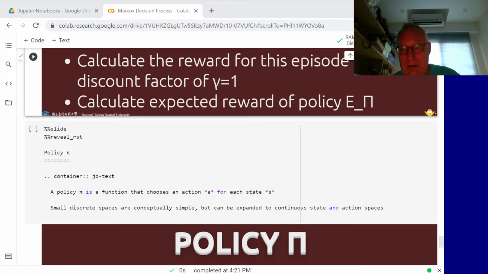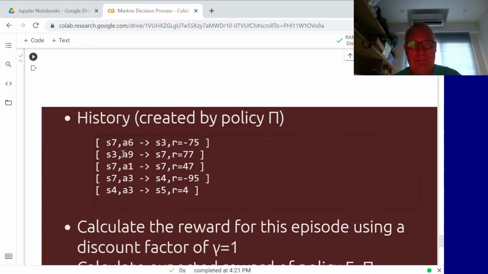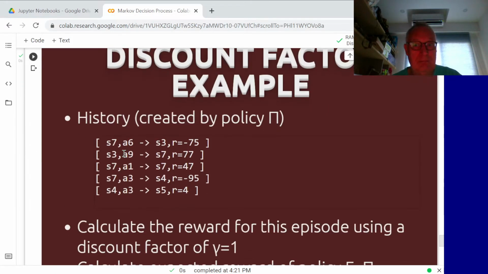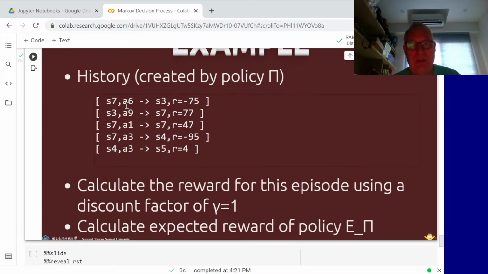The states are here. S7, you execute A6, end up in S3, get a reward of minus $75.